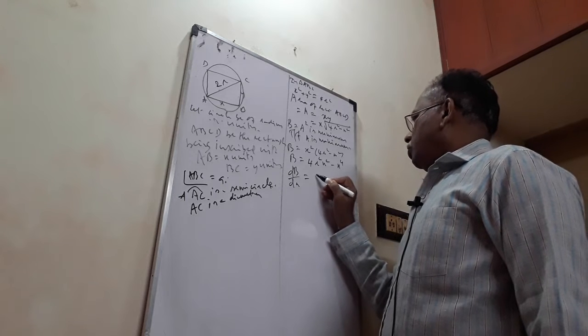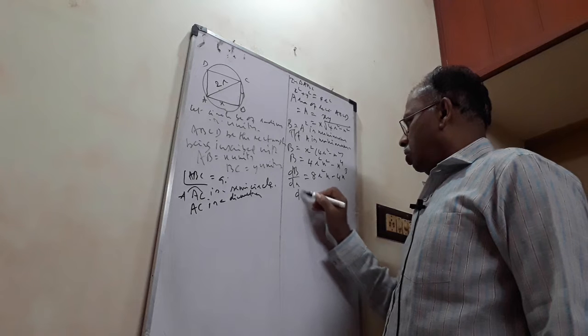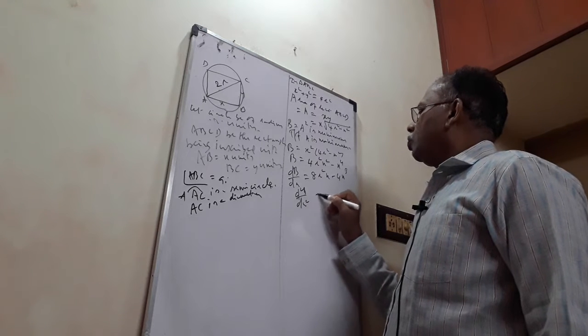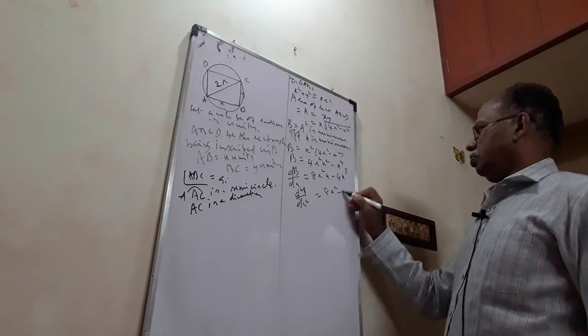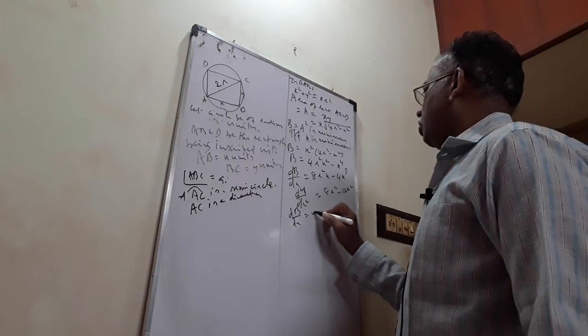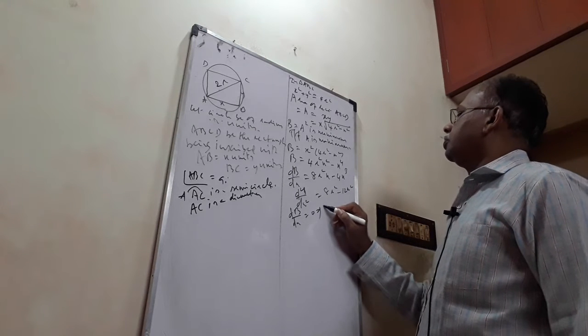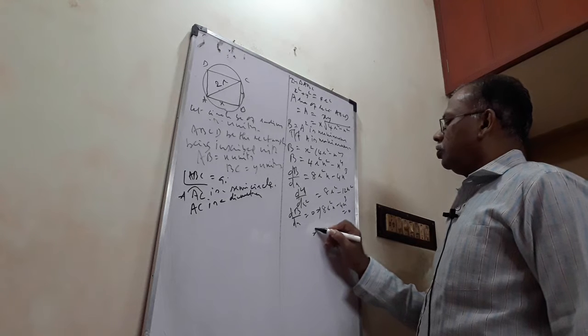dB by dx is equal to 8r square x minus 4x cube. d square B by dx square is 8r square minus 12x square. dB by dx is equal to 0 implies 8r square x minus 4x cube is equal to 0.